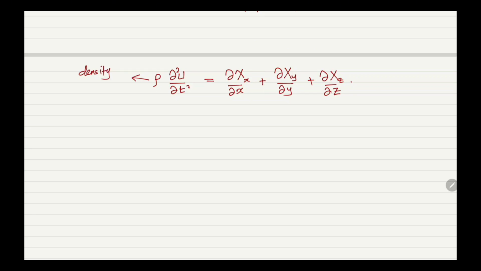Now this is a second order differential equation, and if we substitute instead of x and y and z, you will find that rho partial 2u partial t square equal to C11 partial exx partial x plus C12 (partial EYY partial x plus partial EZZ partial x).